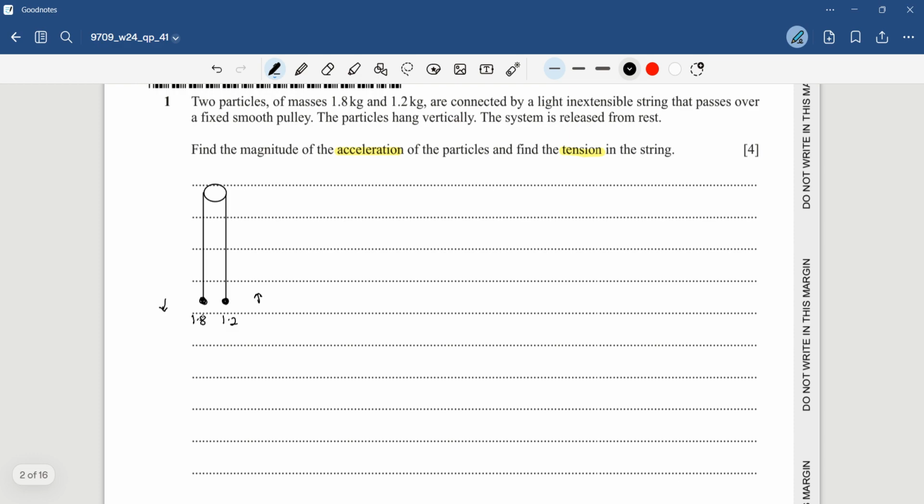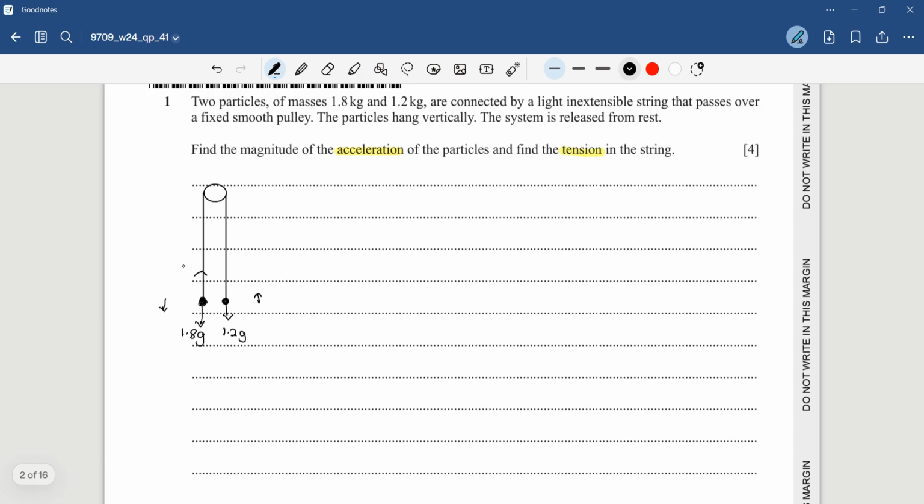The forces involved here: first, the weight. For the 1.8 kg particle, the weight will be mg, which is 1.8g, and for the other the weight is 1.2g.